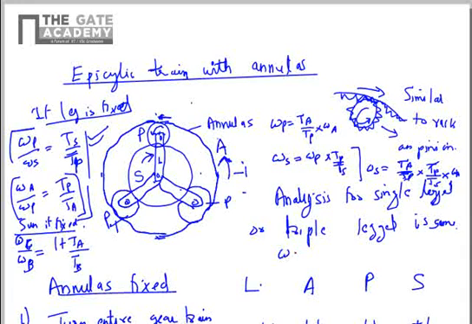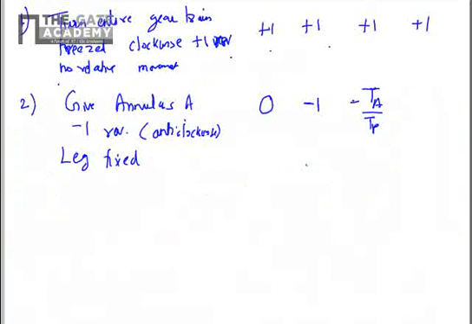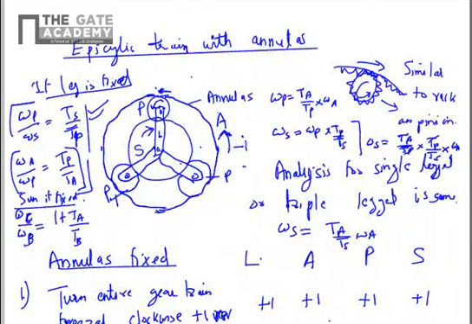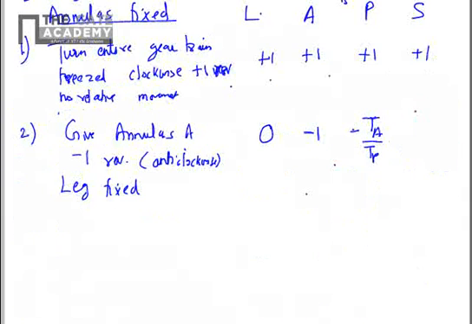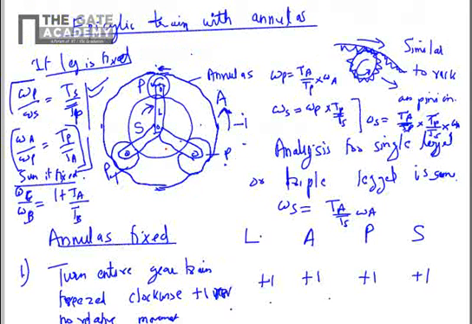So we have omega S is equal to Ta by Ts omega A. So we'll put the value for one revolution of A, we'll have Ta by Ts revolution of sun, and the sense will be positive because you can see here it is clockwise.